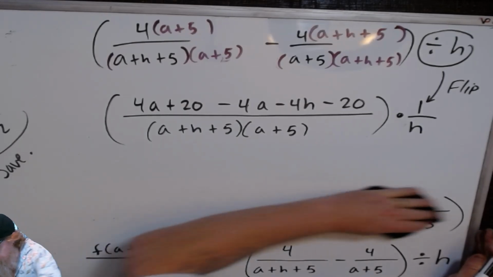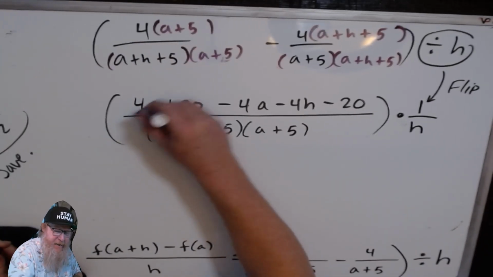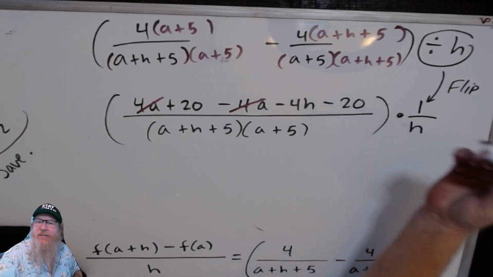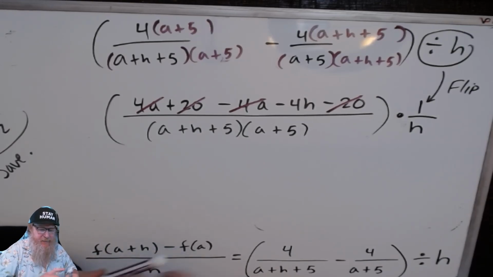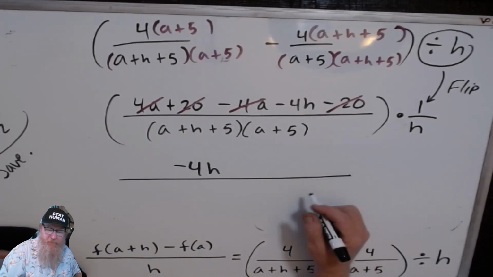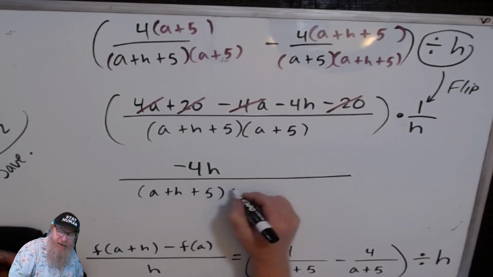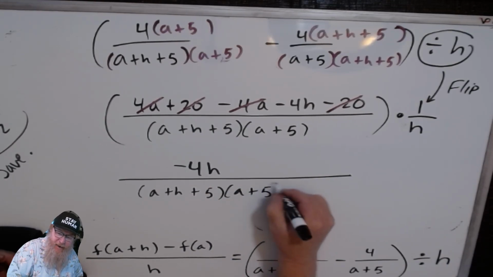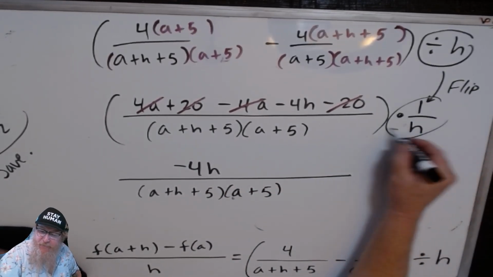Alrighty, we are almost there. Let's do some canceling here. So I've got 4a, negative 4a. This is very similar to one of the earlier examples. Negative 20, positive 20. So now I've got negative 4h all over a plus h plus 5, a plus 5, and then times 1 over h.